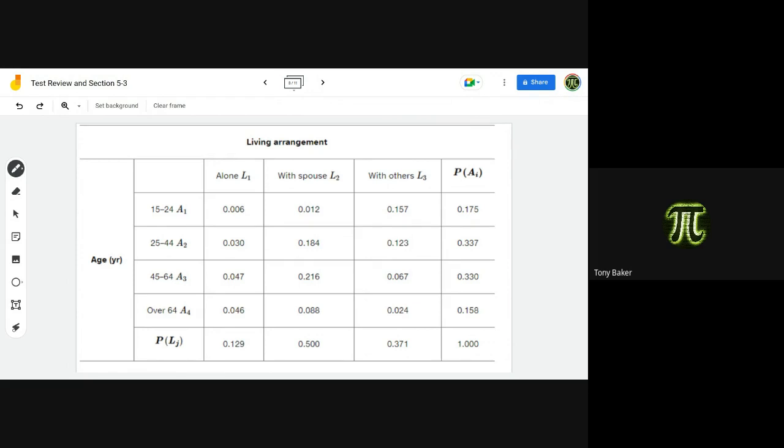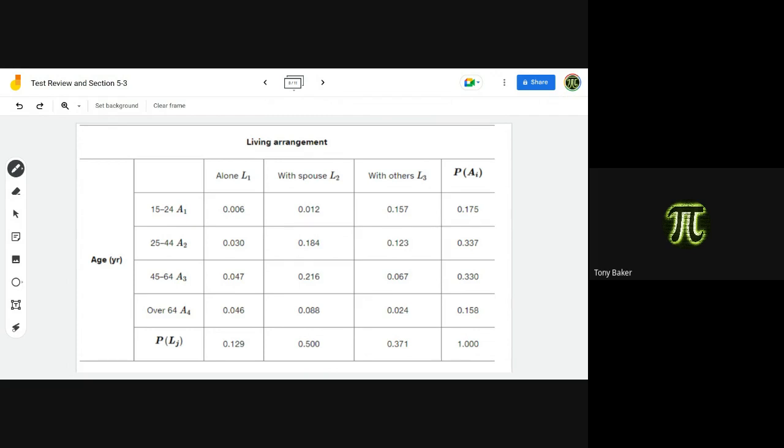D, what is the probability that a person selected lives with a spouse given they're over 64? So, given matters. Given's going to tell you what the bottom number is.